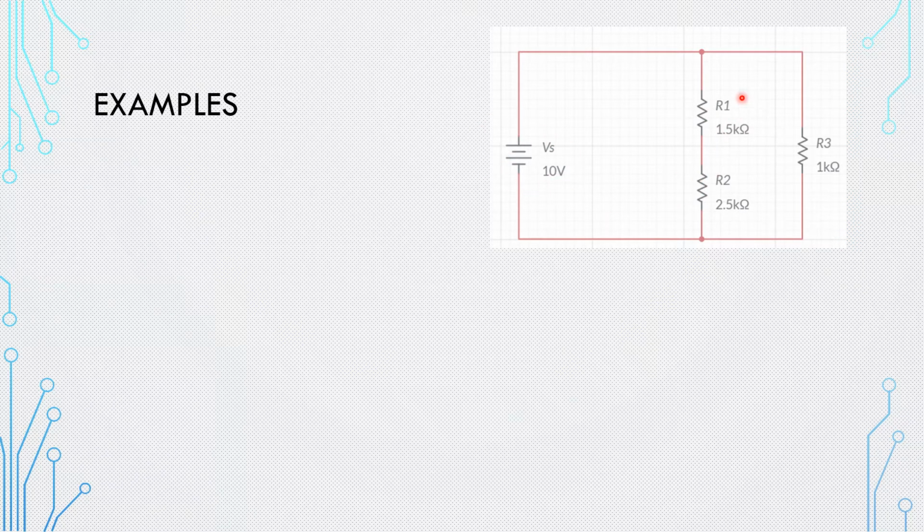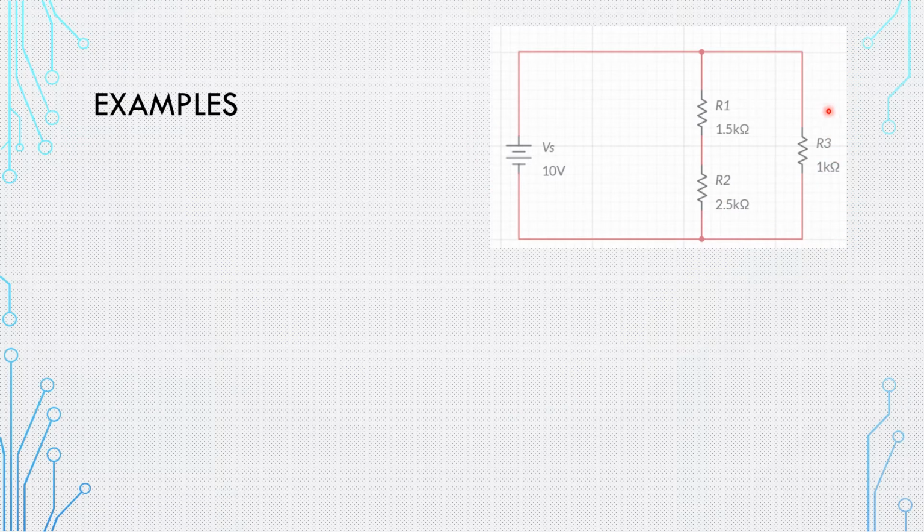No, because again, R1 is not purely in parallel with the voltage source: it shares the first terminal but does not share the second terminal. So you have to be careful about this. Similarly for R2, it shares this terminal but not this terminal. That's why it has a different value from the power supply.